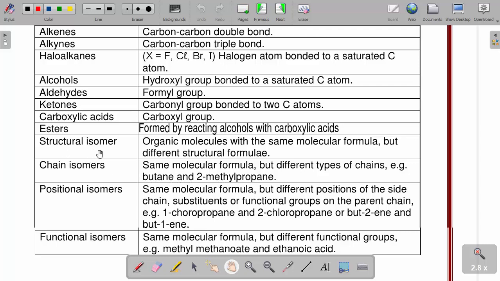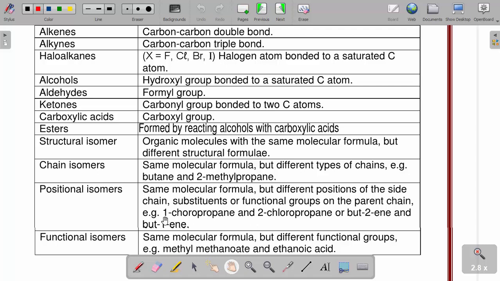Then the structural isomer, that is organic molecules with the same molecular formula but different structural formulae, whereby we have chain isomers, that means same molecular formula but different types of chains. For example, butane and 2-methylpropane.